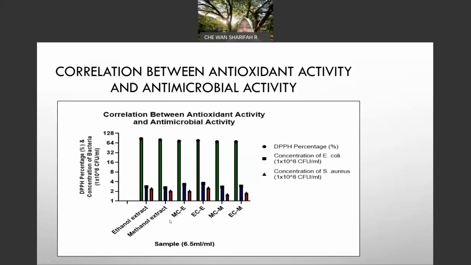We use a crude extract directly without any encapsulation process. Compared for these four different data, we show a slight increase, and the increasing data will show us that the phytochemical can be preserved and can be released over a specific duration to inhibit and lyse the bacteria.